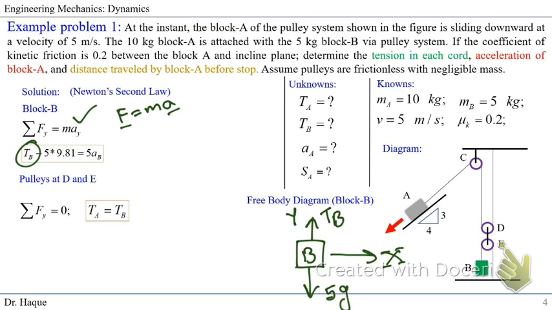So this is downward, so we put a negative here, and 5 into 9.81. On the right hand side we'll have our may. So m we know the mass is 5, and aB we don't know, the acceleration of block B.